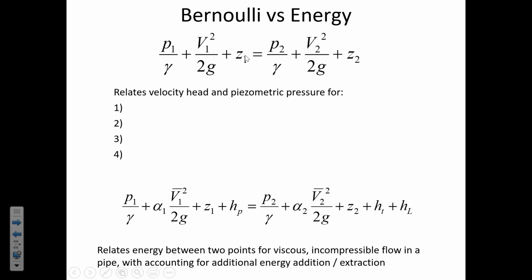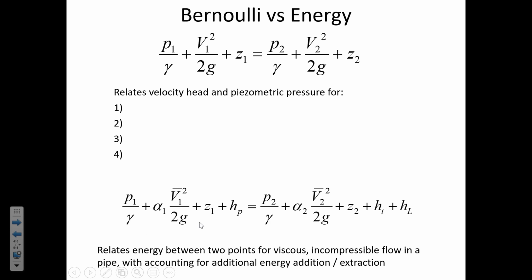If you have a streamline, you could say here's 1 and here's 2, or you could interchange them and you'd get the same number. You could say here's location 2 and here's location 1, and even if the flow's going this way, in both cases you'd get the same answer because the left-hand side of the equation is the same as the right-hand side. But now look at the energy equation.